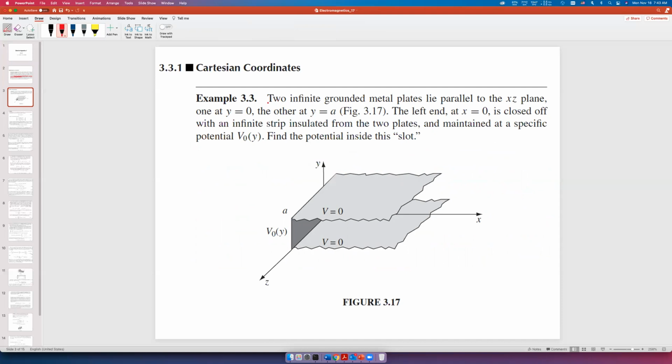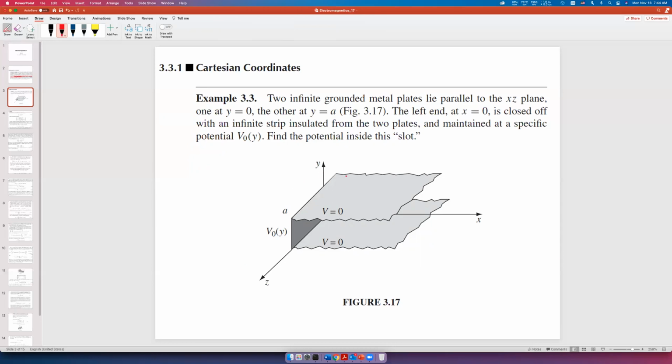Example 3.3: two infinite grounded metal plates lie parallel to the xz plane, one at y equals 0, the other at y equals a. The left end at x equals 0 is closed off with an infinite strip insulated from the two plates and maintained at a specific potential V0. Find the potential inside the slot.